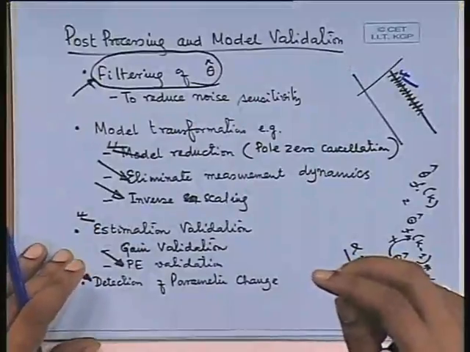But if you reduce the estimator gain, then when it changes, you will not be able to track it fast. You can't have both at the same time. So what you should do is have a separate mechanism of checking whether the parameter has changed. If you find that it has changed, or it's very likely that it has changed, you boost the gain. Otherwise keep it low, so that you have the best of both worlds. So such things you might like to do.